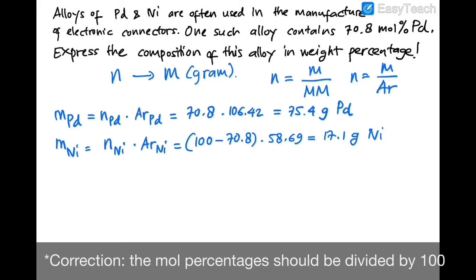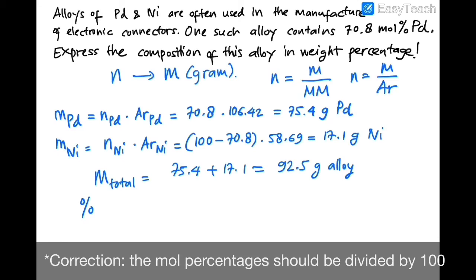So in this case, the total mass will be 75.4 plus 17.1, which is equal to 92.5 gram of alloy.